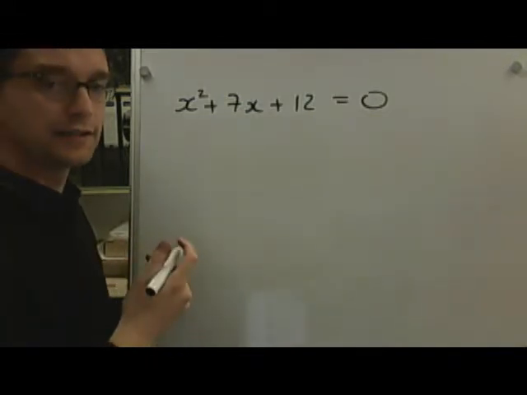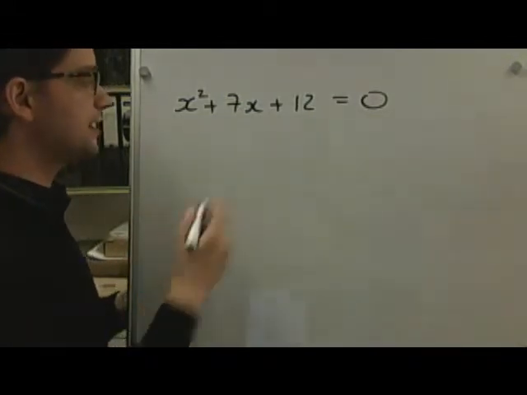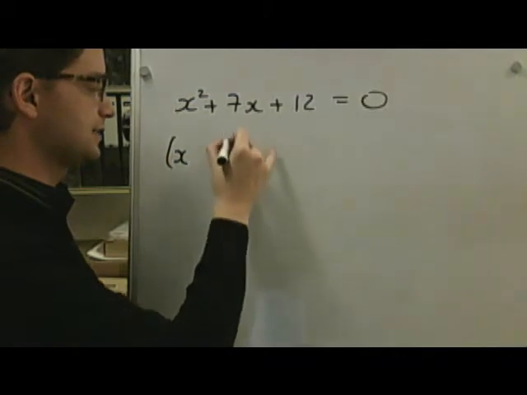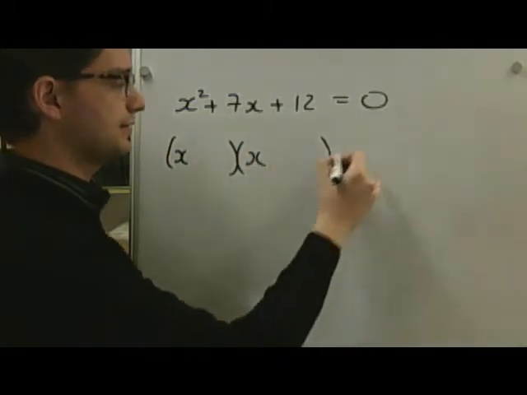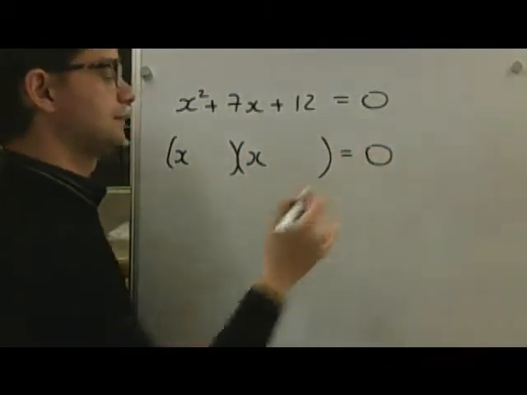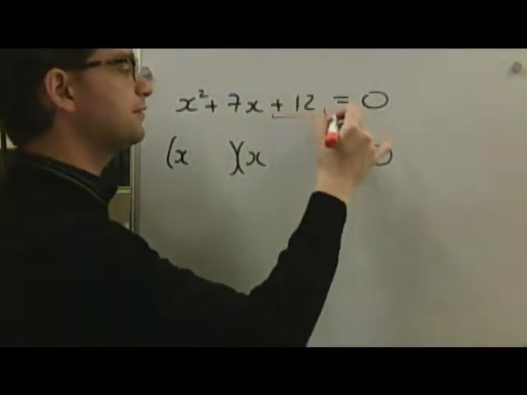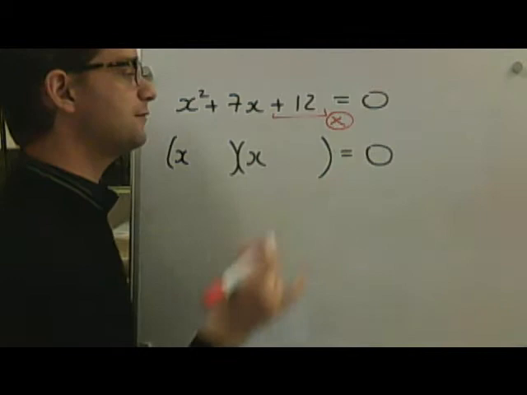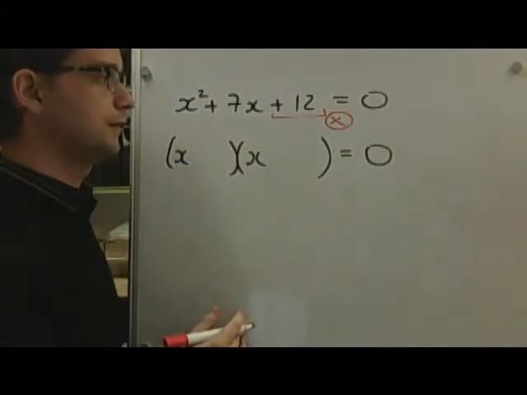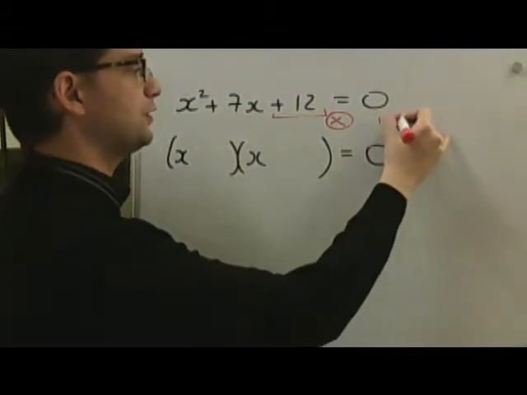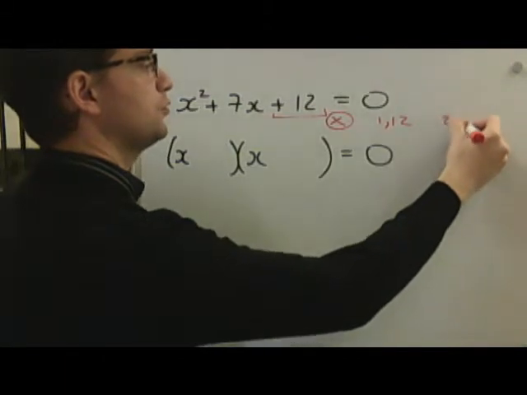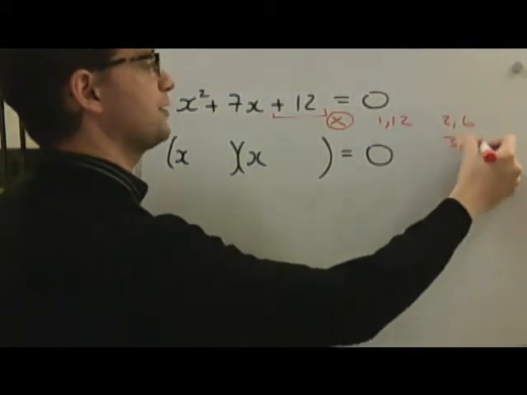Can I factorise it? X squared plus 7x plus 12. Well, if I can, it's going to have an x and an x. And I'm looking for a pair of numbers that multiply together to give 12. So I think my choices are 1 and 12, 2 and 6, or 3 and 4.